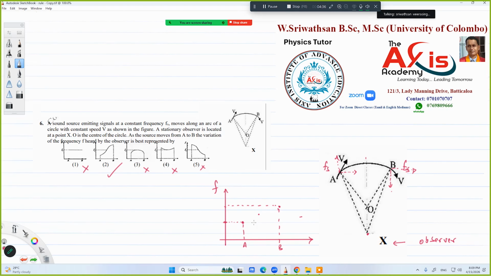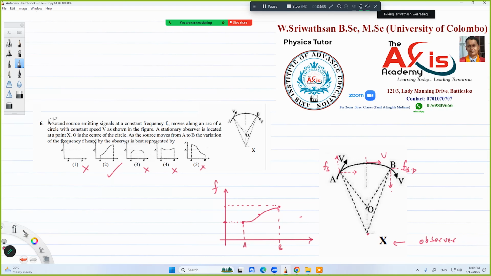And I will explain why the pattern is like this. When the source is at the mid part of the arc, the tangential velocity will be directed along the line perpendicular to the line of sight, and this won't affect the frequency.